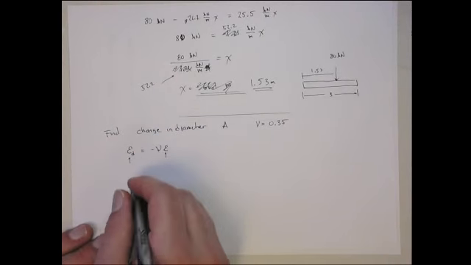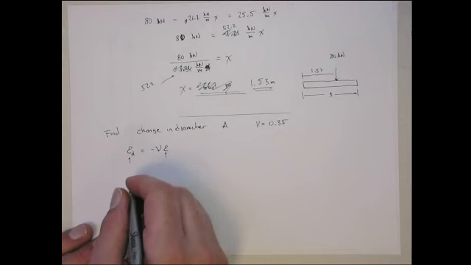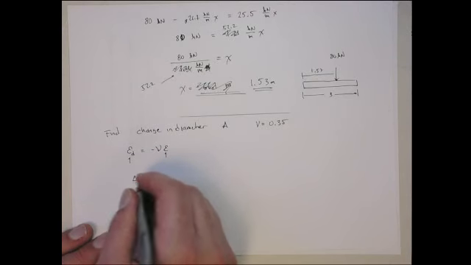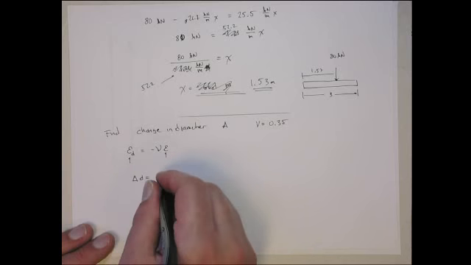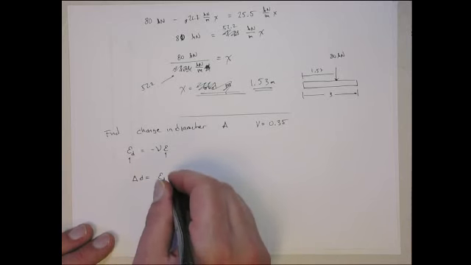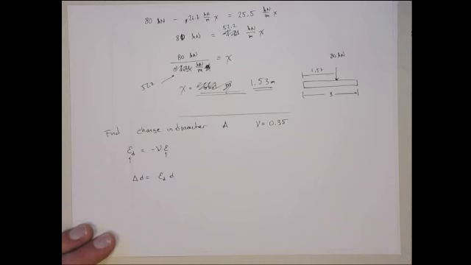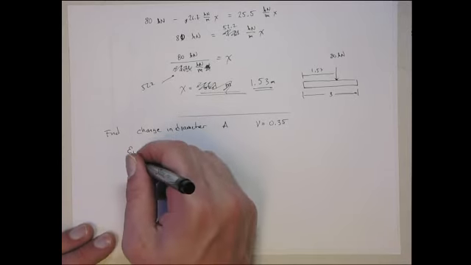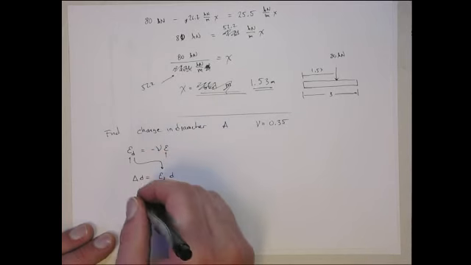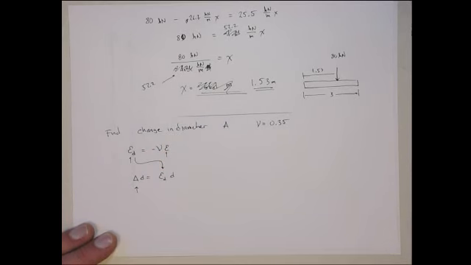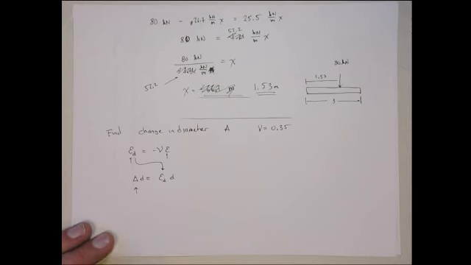And then using that, we can get that the change in the diameter is equal to diametric strain times the original diameter. Okay? So we take this, I'm going to solve for this, put it into here, and that will give us the answer for the change in diameter. And I'll just do A. B goes the same way.